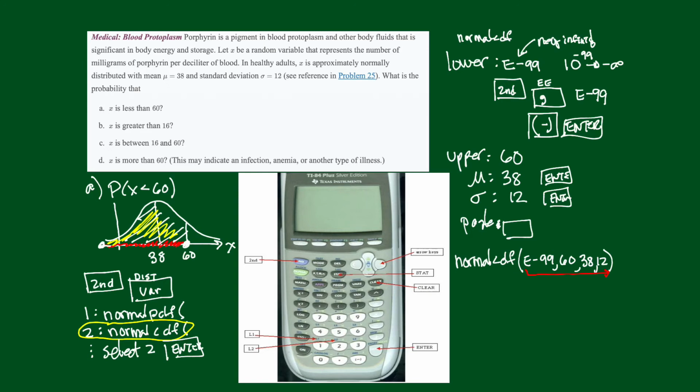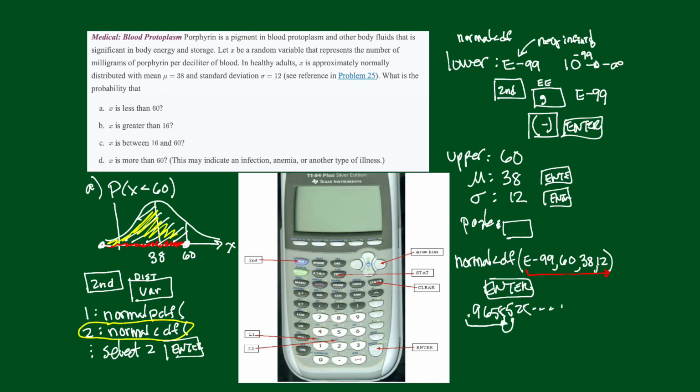Okay, now press enter. So paste it on the screen, press enter. Now here's what I'm getting: 0.9658525... Okay, let's round to 4 decimal places. So I'm going to round right to here. Now, that's a 5. Round to an even number, right?